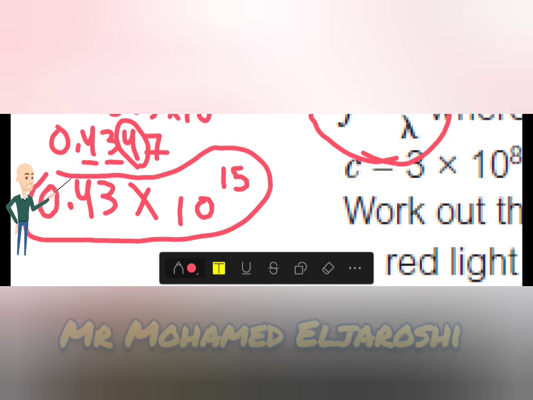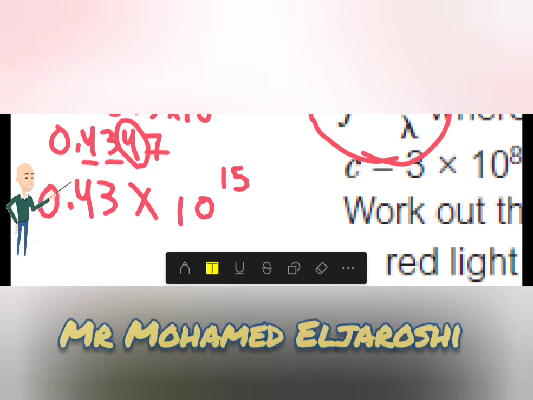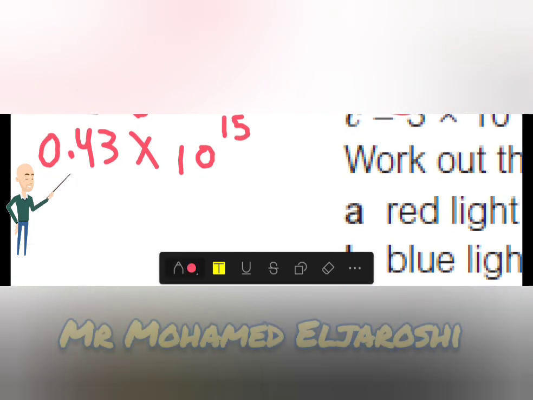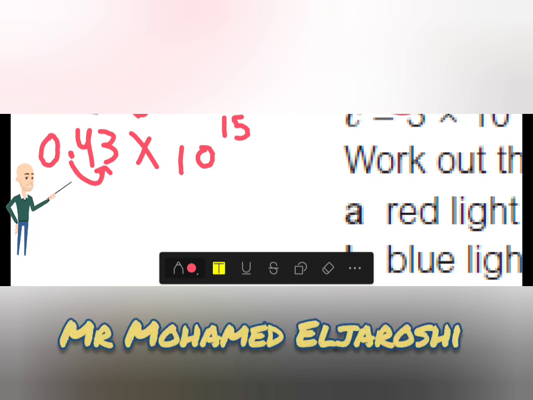Very good, it's not. So we need to make it in standard form. So to make this in standard form, we need to move the decimal point 1 time here. So it's going to be what? Very good, it's going to be 4.3. And then because we moved it to the negative side, so we're going to put -1 here.